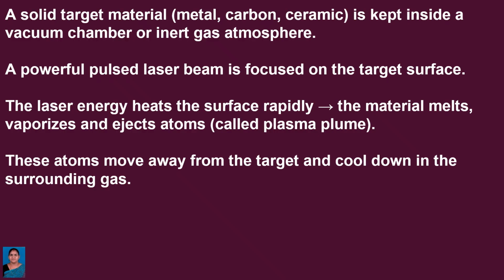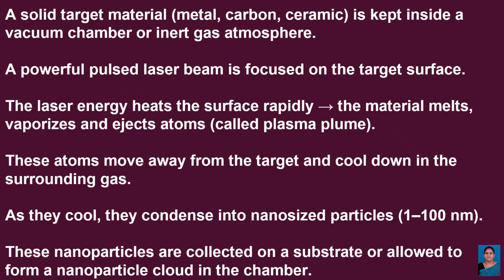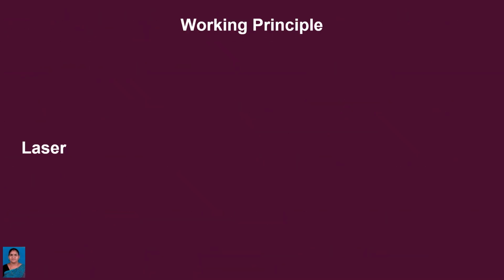These atoms move away from the target and cool down in the surrounding gas. As they cool, they condense into nano-sized particles, 1 to 100 nanometer size. These nanoparticles are collected on a substrate, and are allowed to cool to form a nanoparticle cloud in the chamber.